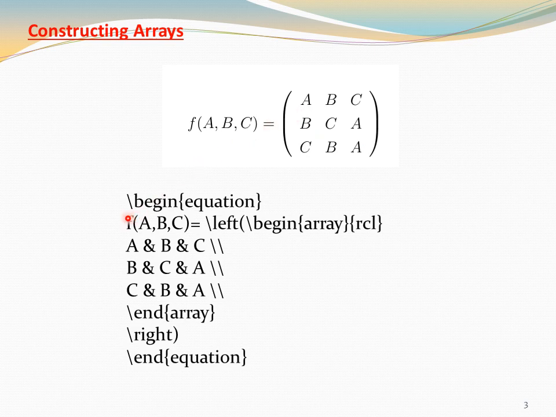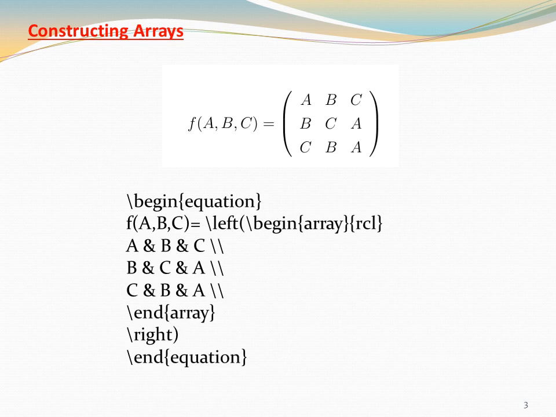Now we are going to see how we are going to obtain these equations. So start with \begin{equation}. Then f(a,b,c) is equal to the brackets. We start with \left. Then the array is \begin{array} and rcl for the justifications.